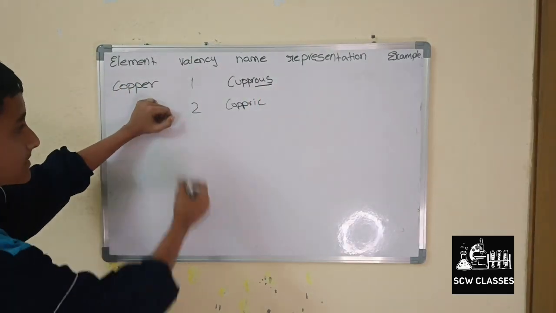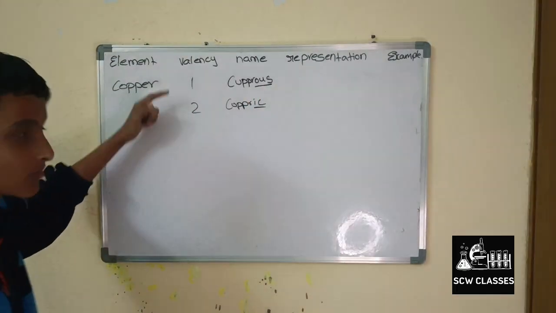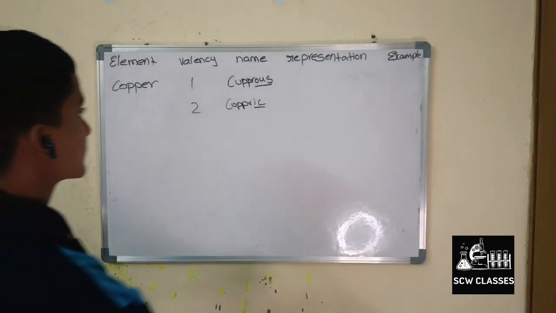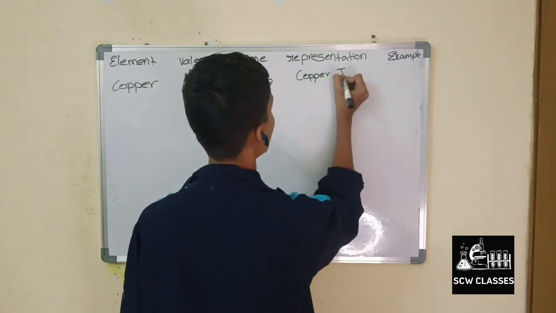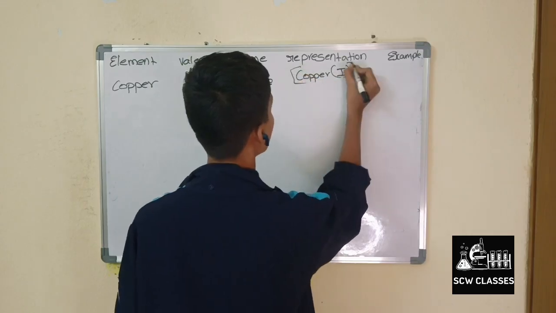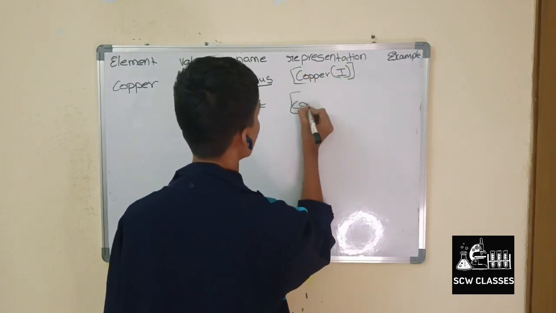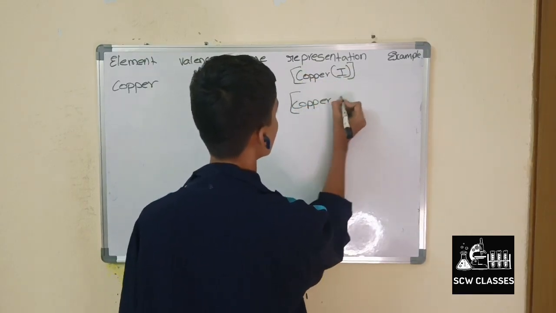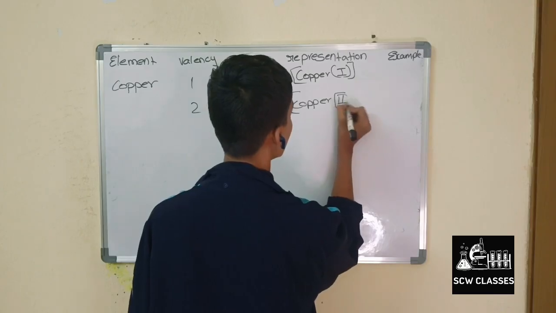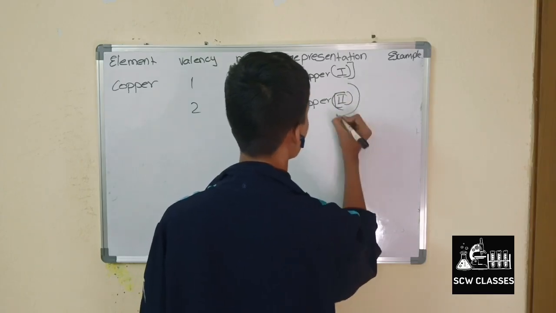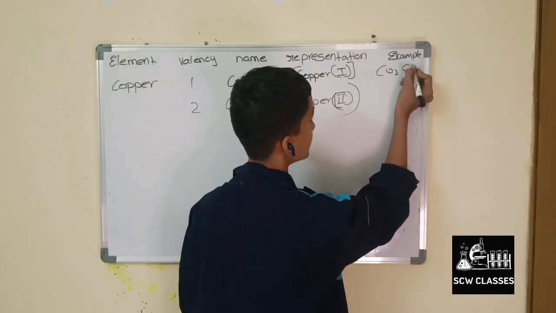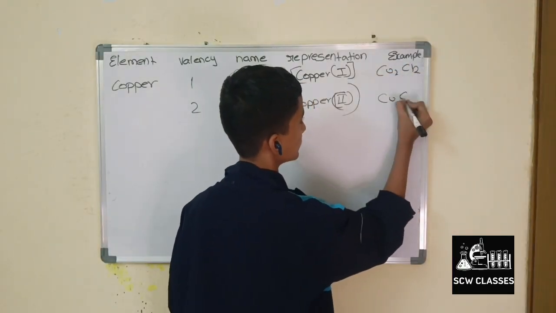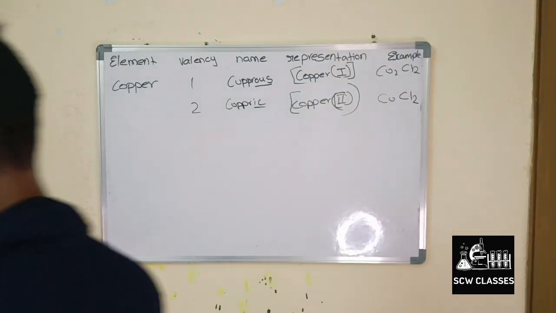If the valency is higher, IC. Okay. Representation: copper 1, copper 2. Example: Cu2Cl2 and CuCl2. Clear? Note it.